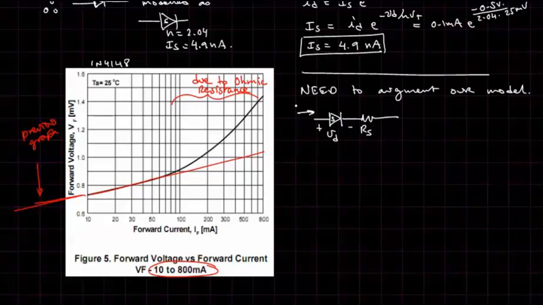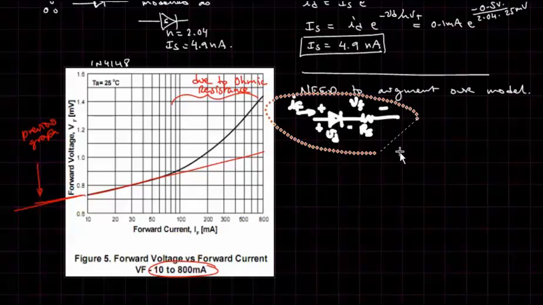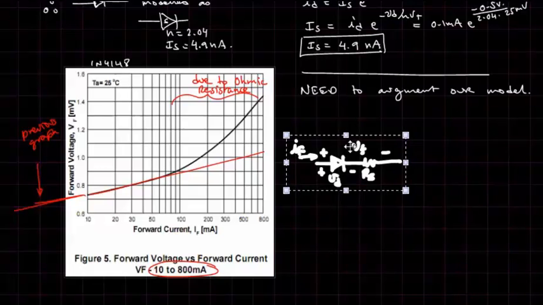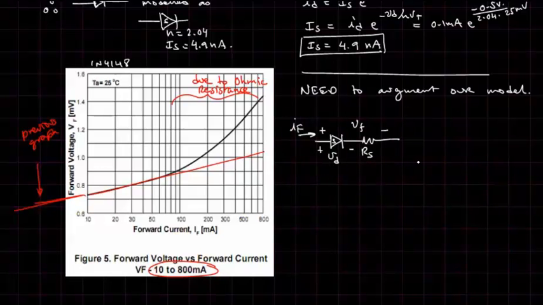We'll call the overall current IF, and the overall voltage of our device VF. Okay, so we'll have VF, the overall voltage of our diode.